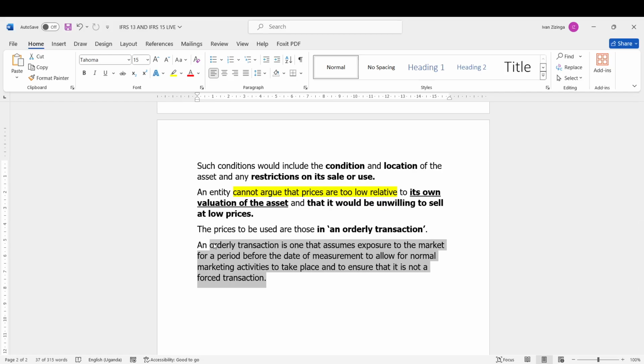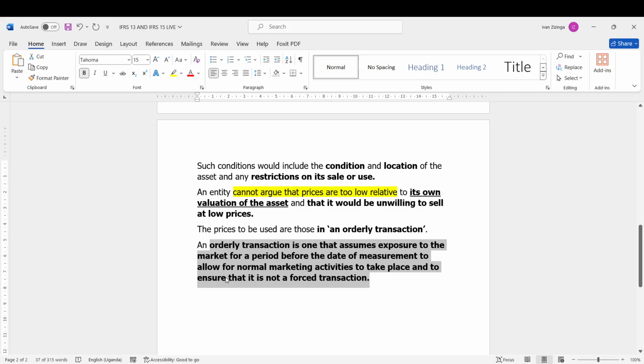And we want to see the asset being within that market, interacting with the market participants for a given period of time before you decide to sell. You cannot sell an asset where you do not transact. That is the implication of this statement.